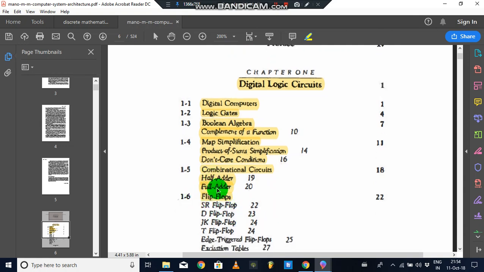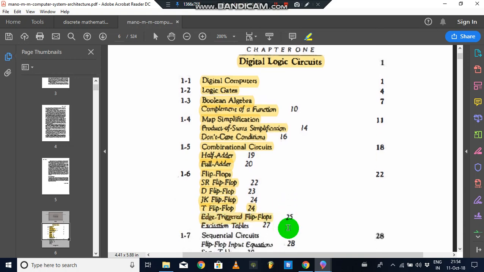Half adder and full adder are combinational circuits, and SR flip flop, D flip flop, JK flip flop, T flip flop, edge trigger. What is the edge trigger?